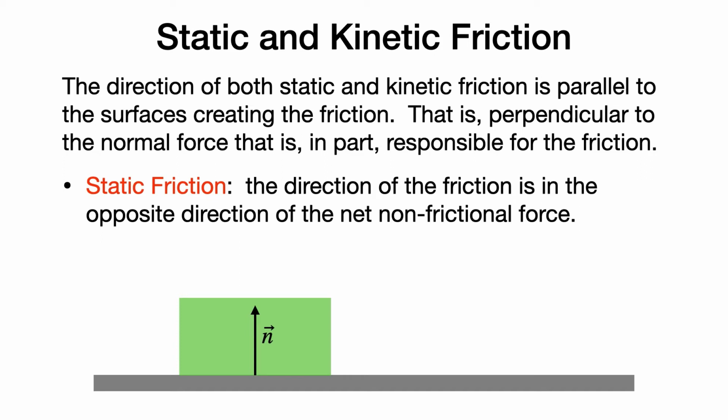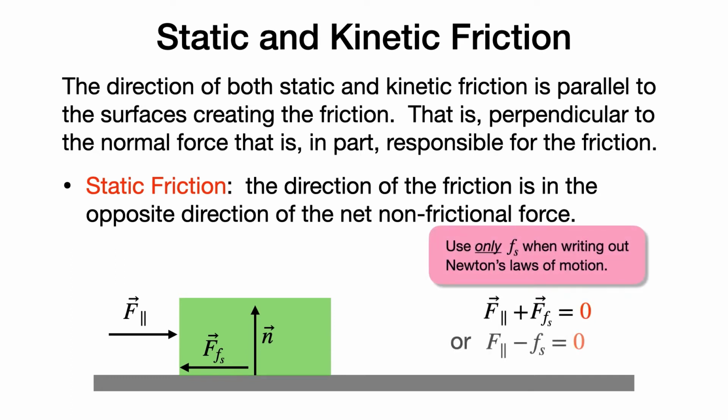The direction of the frictional force in this case is opposite to the direction of the net non-frictional forces acting on the object. So if we push from the left toward the right with a force, let's call it F sub parallel, where parallel means these are the forces which are parallel to the surface, perpendicular to the normal direction of the surface, in this case, the force of static friction will act towards the left to oppose this, so that the sum of the non-frictional forces and the frictional forces will add up to be zero.